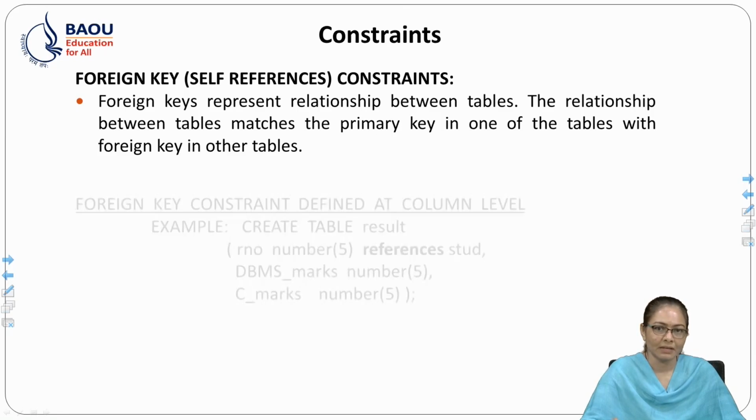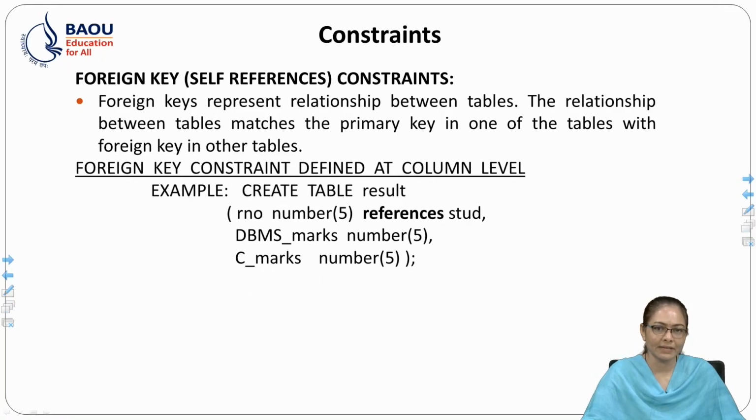See, the foreign key constraint defined at the column level. Here we see in the example, create table result. In the bracket, roll number, number in the bracket 3. This column is matched with the primary key table.